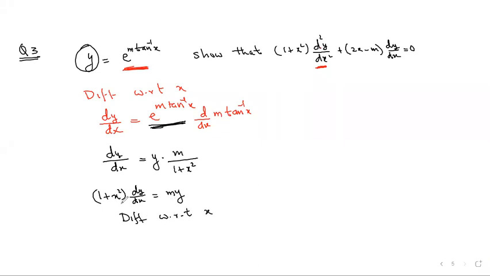This is an important step. This is a new step that you have learned. Never keep anything in the denominator when you do the second derivative, because it will become very complicated to find the second derivative. So always cross multiply and differentiate. This is an important step. Note this step. Which step? This one.